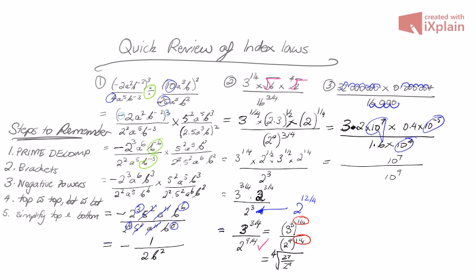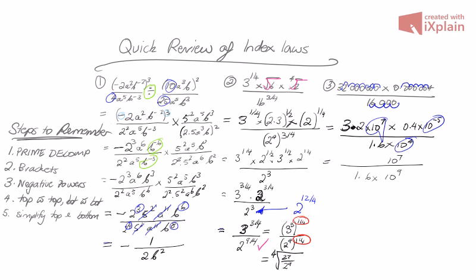And then I can just look at my numbers. If we've got 1.6 on the bottom and 3.2 times by 0.4, off the top of my head, I'm pretty sure I remember this right.